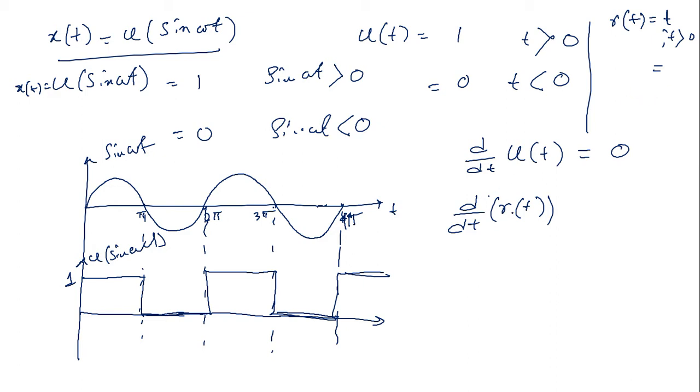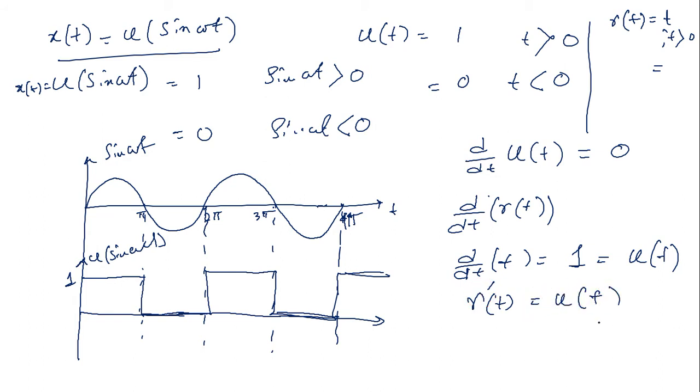So if I differentiate t, d/dt of t, the outcome is 1. 1 means u of t, so I can write d/dt of t is u of t. So if I differentiate r of t, r dash t equals u of t. If I differentiate the ramp, we obtain the step signal.